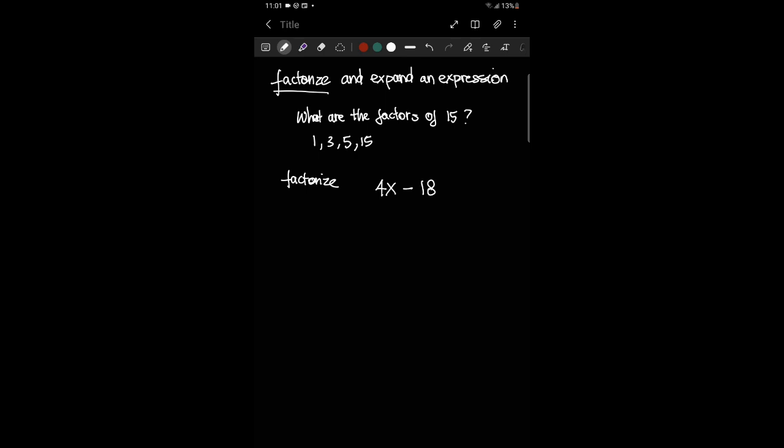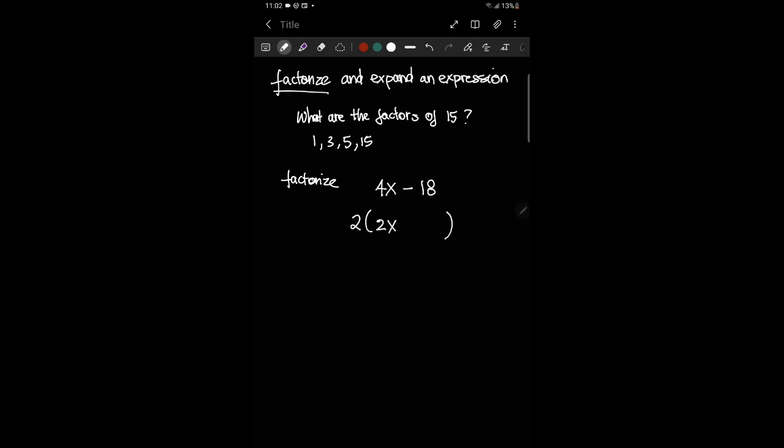So for example, I will pick 3. Is 3 a factor of 18 or not? Yes, 18 can be divided by 3, which is 6. But can 4x be divided by 3?